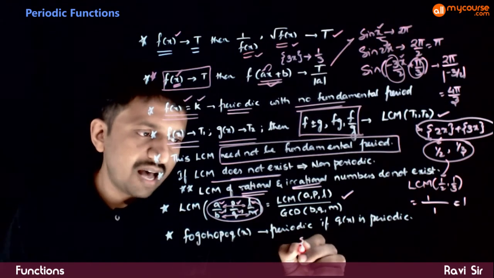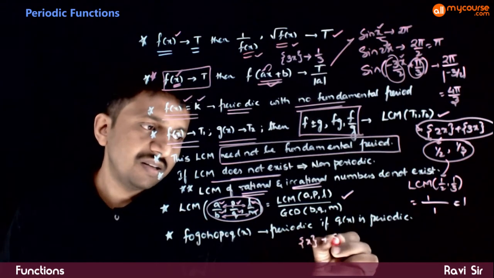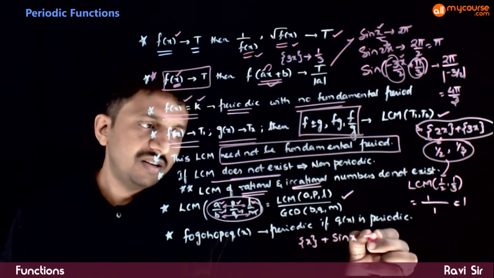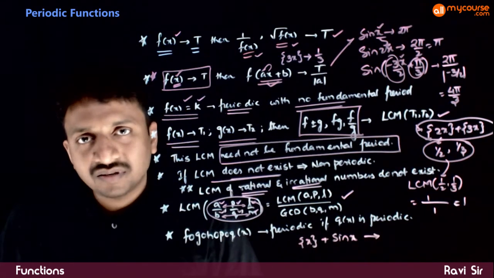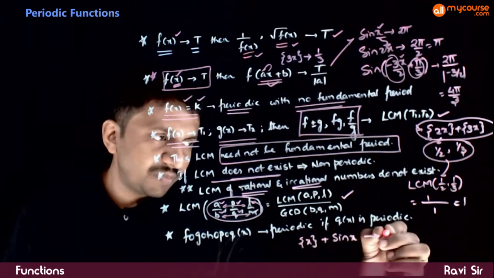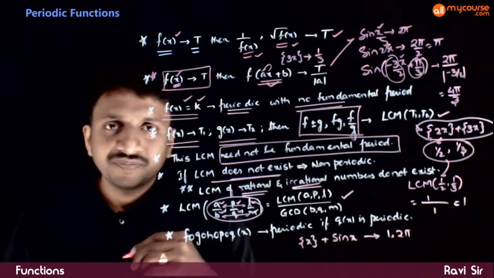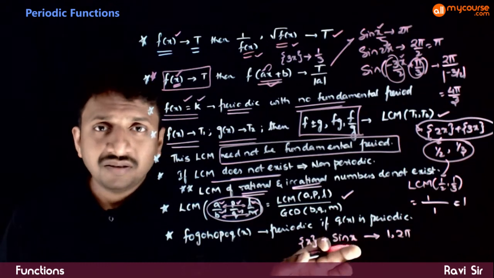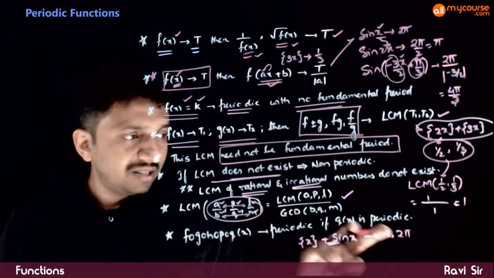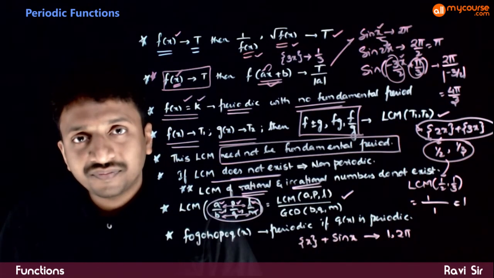For example, if you have fractional part of x plus sin x, you are asked to find the period of this. The first function has a period of 1. The second function has a period of 2 pi. So the effective function should have a period of the LCM of these two.